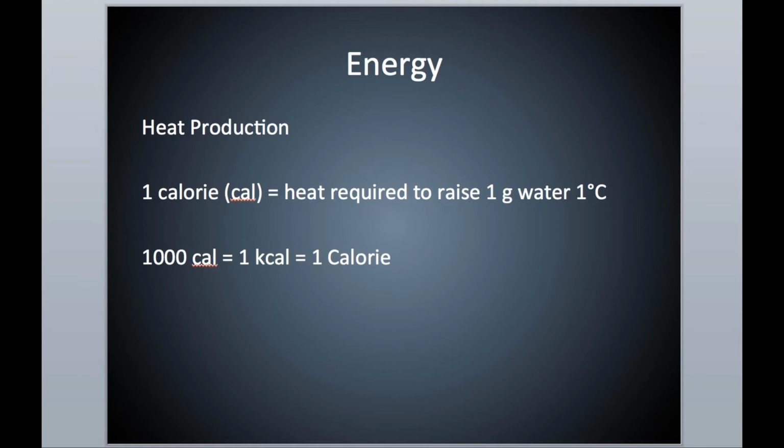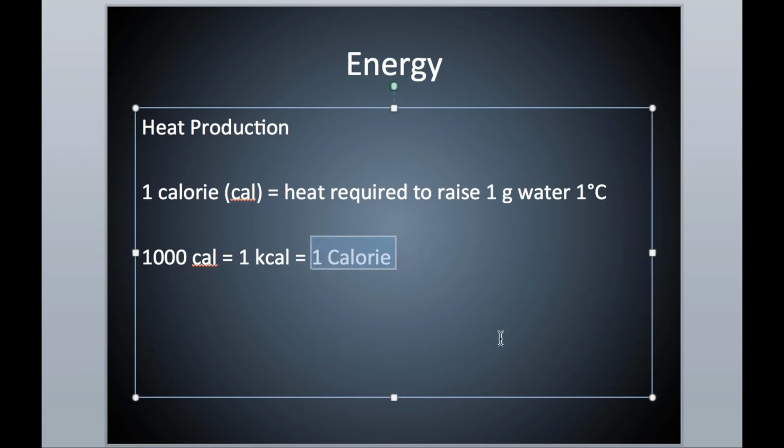Now that small c calorie is also known as a scientific calorie. It is actually 1,000th of a kilocalorie, which is a big C calorie, and that is what we actually look at when we look at the calorie count on a food label.